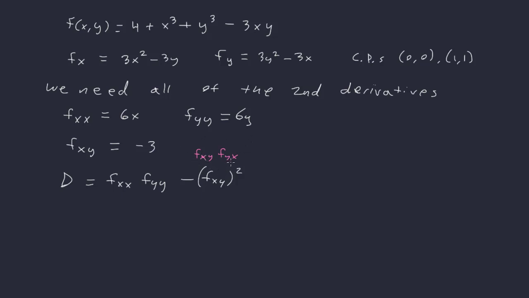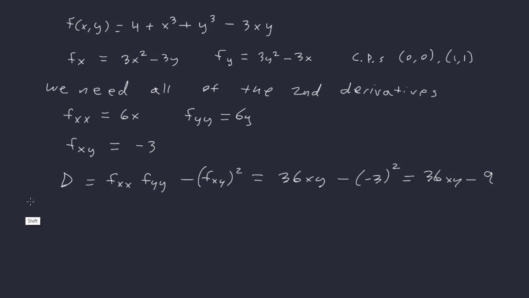It's the other two possibilities, but as we talked about in the last video, since those are the same, it comes out to be that squared. Okay, so when we simplify or plug all this stuff in, we get 6x times 6y, so 36xy minus a -3 squared. So it would be 36xy minus 9.